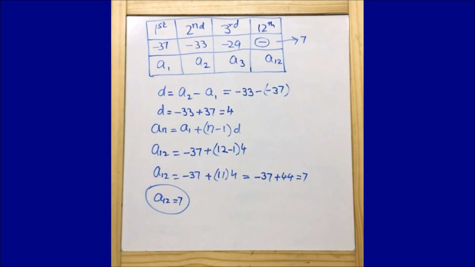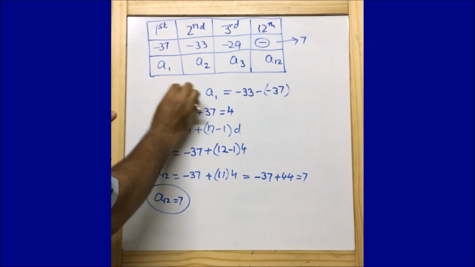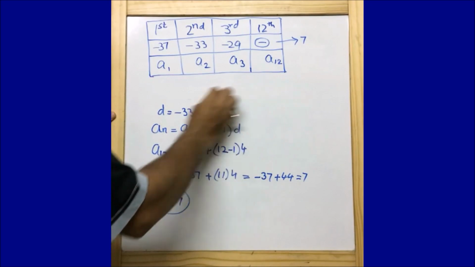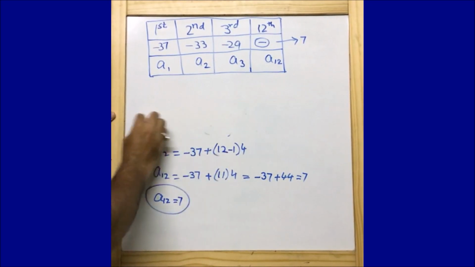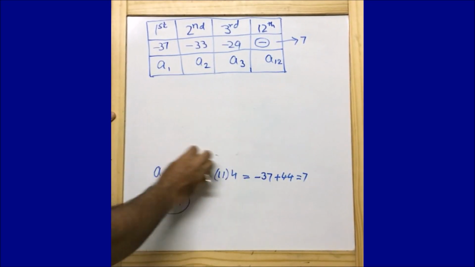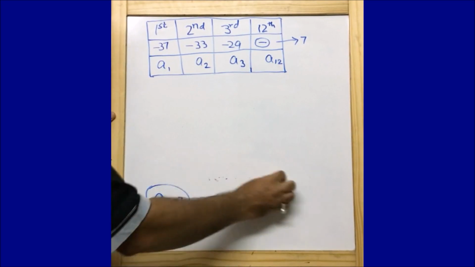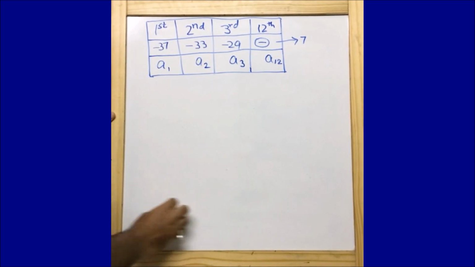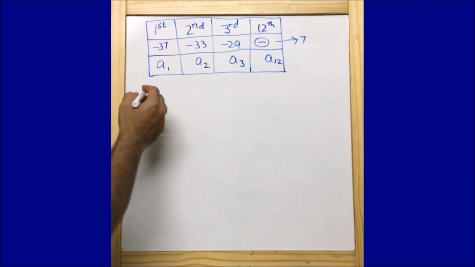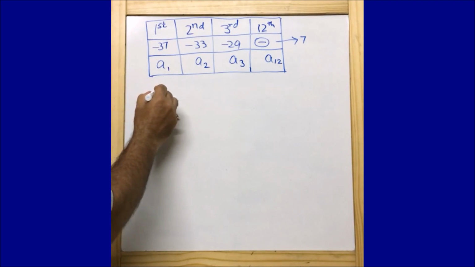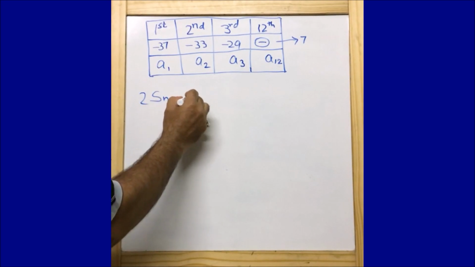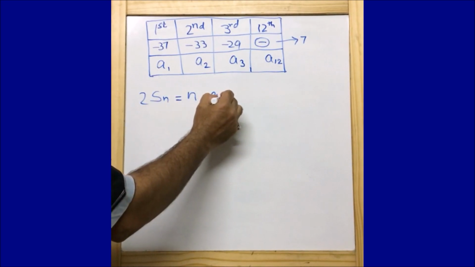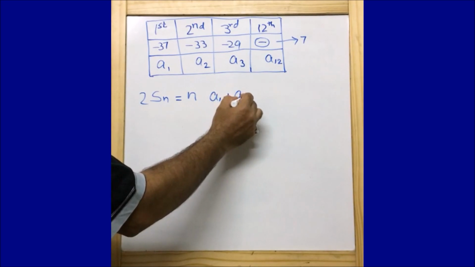Now our main motto is to find out the sum till the 12th term. So now the things will be more clear and easy, because we have all the required things that we are going to work out. We very well know the formula for finding out the sum of terms: 2Sn is equal to n into A1 plus An.